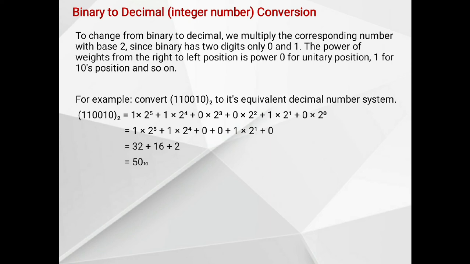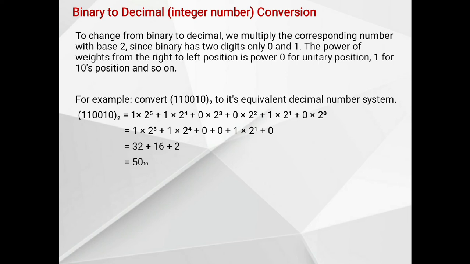So you can see it is multiplied: 1 into 2 to the power 5 plus 1 into 2 to the power 4 plus 0 into 2 to the power 3, like that. In the next line you can see that anything multiplied by 0 becomes 0. When you multiply 1 into 2 to the power 5, 2 to the power 5 is equal to 32, so 1 into 32 is equal to 32.